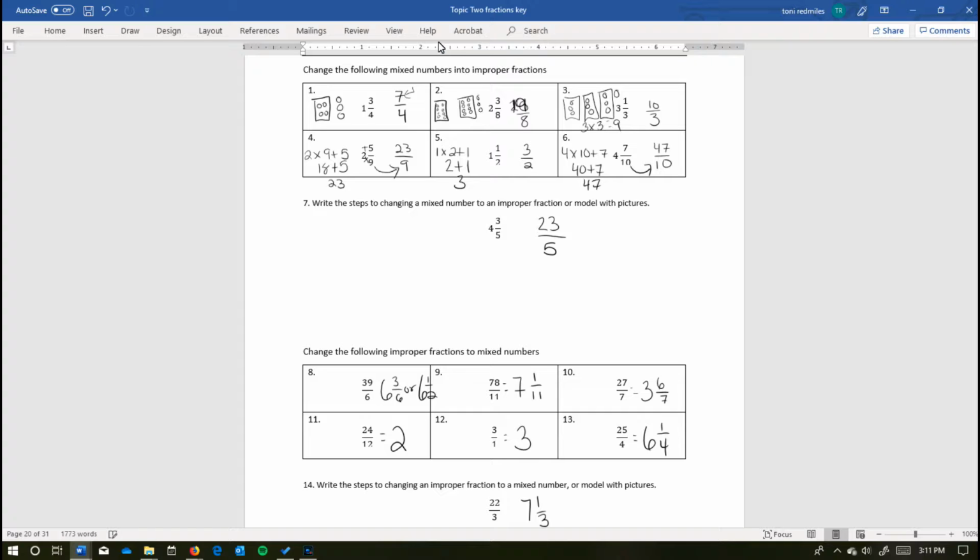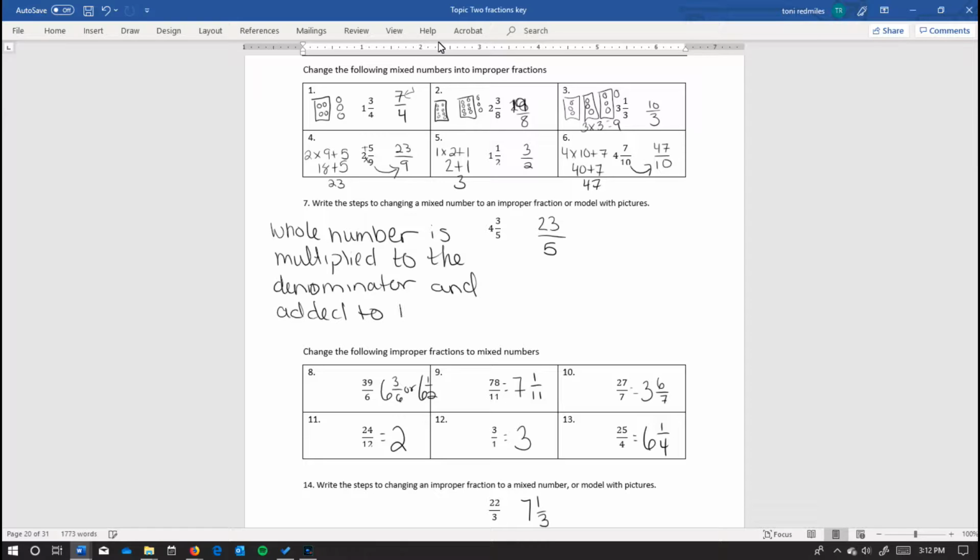But you have to tell me somewhere in there, either with the way you model or the way you write it, that the whole number is multiplied to the denominator and added to the numerator.